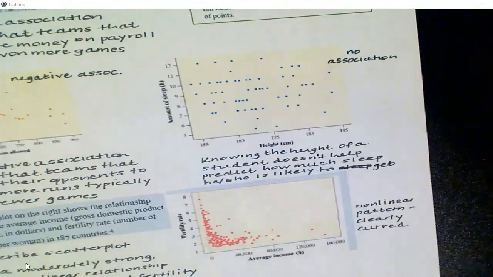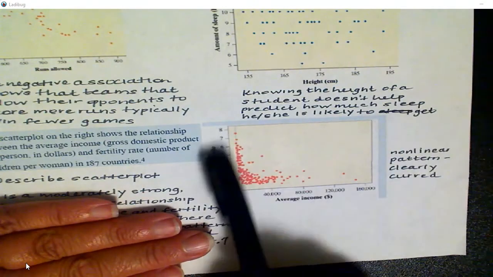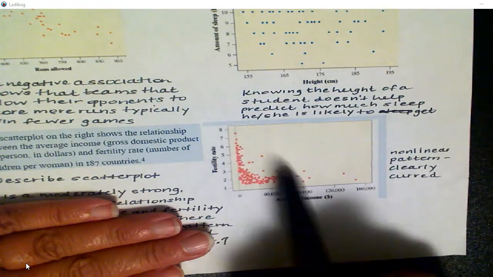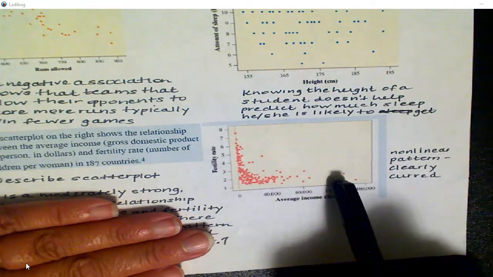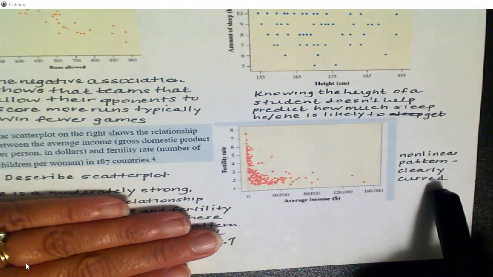Okay, so the last thing we're going to discuss is this particular scatter plot here. The reason we did this one in the notes is that it's nonlinear. You can see a definite curve here. So this has a nonlinear pattern because it is clearly curved.